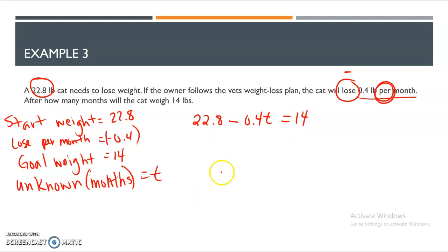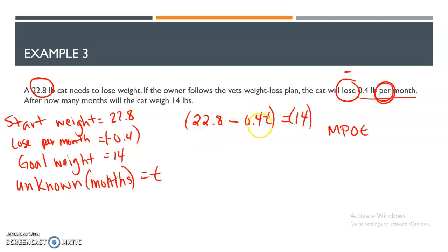Now, you can work it with decimals. Mrs. Cartwright doesn't like to work with decimals. So I'm going to use the multiplication property of equality, and I'm going to multiply by a power of 10 that moves my decimal. Because remember, we can move our decimals by multiplying by powers of 10.